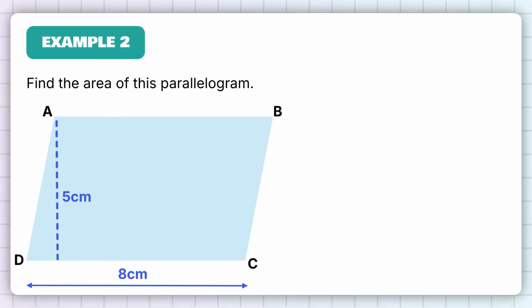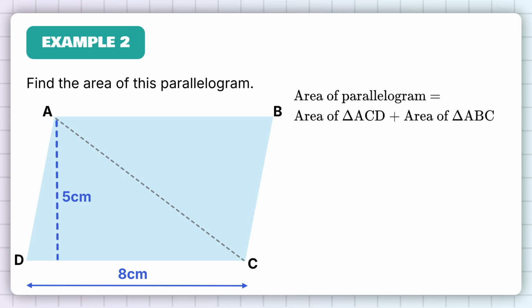Now let's use our understanding of triangles to calculate the area of a more complex shape. We are going to try and work out the area of a parallelogram. A parallelogram is essentially just two triangles with the same area. If we have the right information, we can work out the area of one triangle and double it to find out the area of the entire shape. Since these triangles are equal, let's just focus on one.